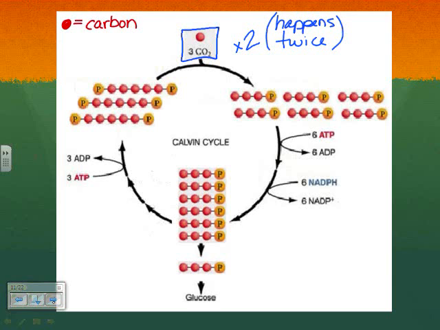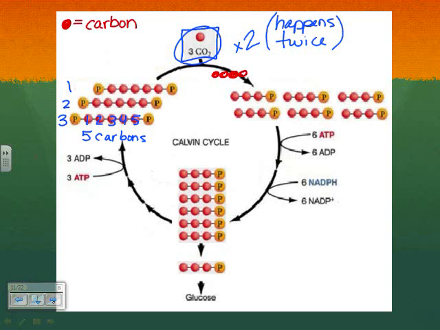We're going to start right here. All right? So we have 1, 2, 3 molecules. Everybody's good with that so far? 3 molecules, and each one has 1, 2, 3, 4, 5 carbons. So we have 3 molecules of 5 carbon. Those 3 are going to join our CO2s that are coming in.